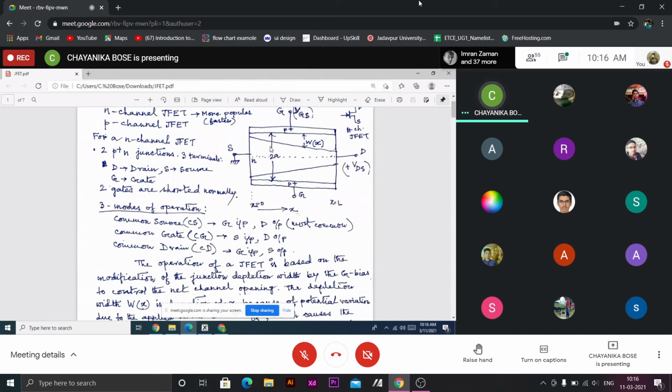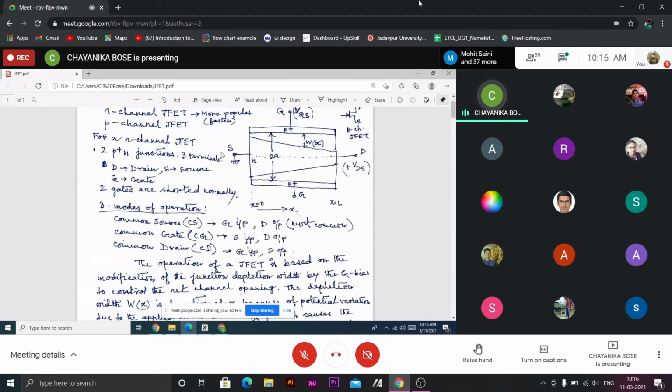Since the current flowing mechanism is drift, obviously holes being heavier will be slower, the device will be slower, so we will not consider the P channel JFET. So basically it is always an N channel JFET: an N type bar, 2 P plus thin layers forming the gate, and 2 terminals, source and drain.